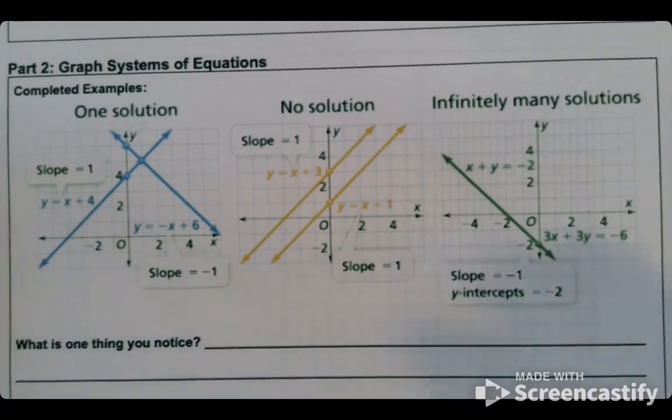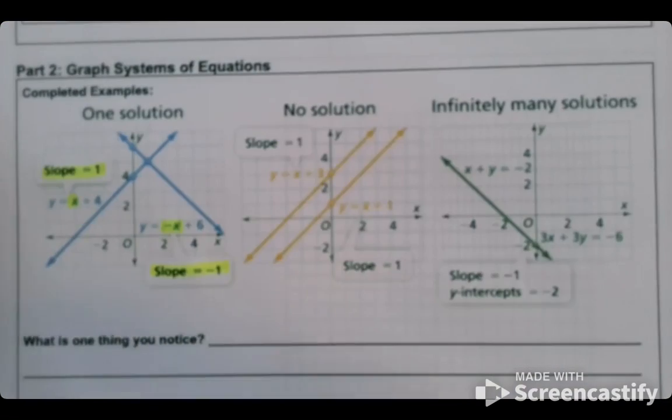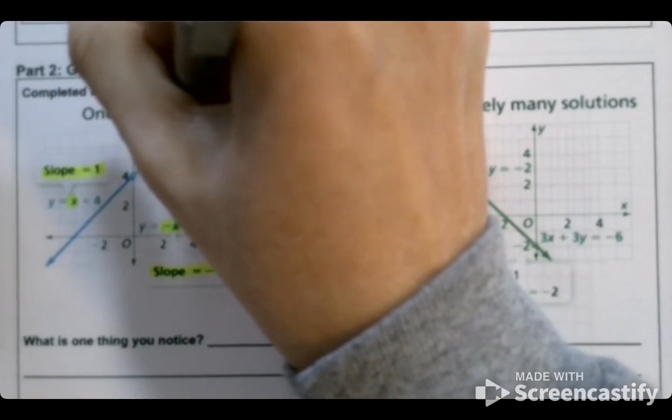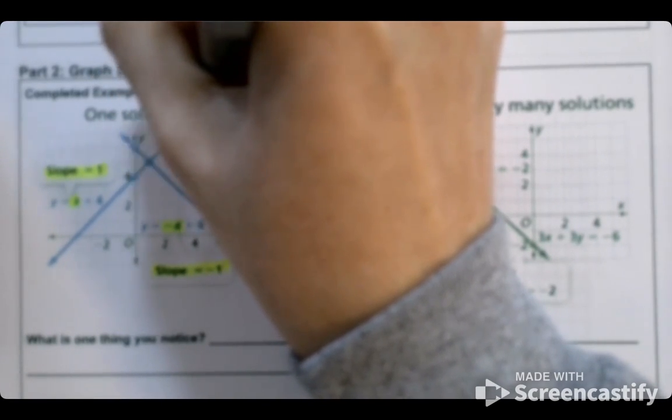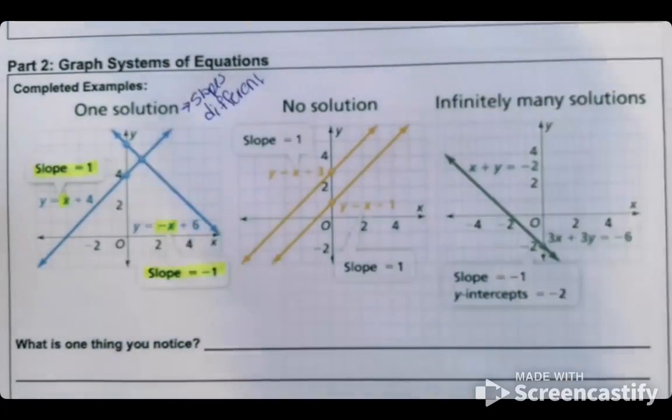Welcome back. So what I want to point out here is these intersect. Notice how the slopes are different? So one solution: slopes different.